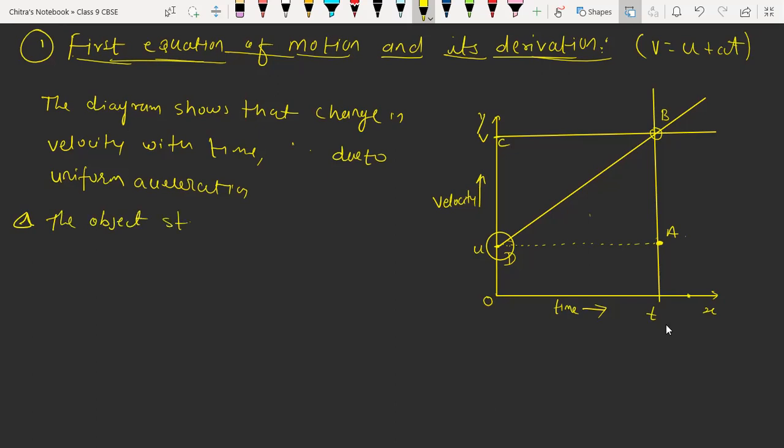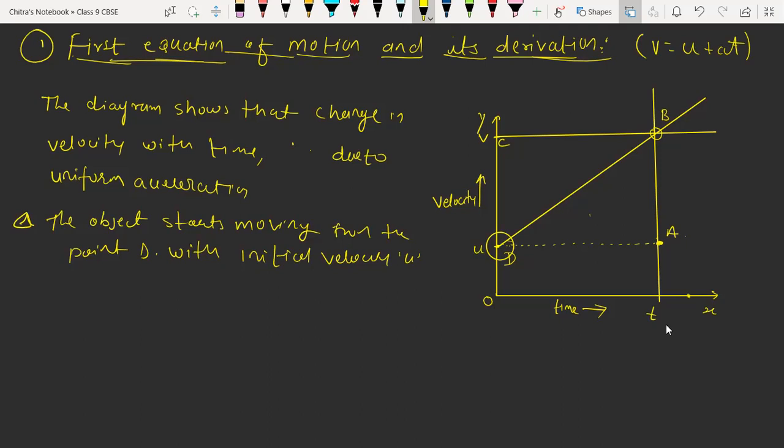The object starts moving from the point D with initial velocity u, and its velocity keeps increasing because it is showing a positive slope.